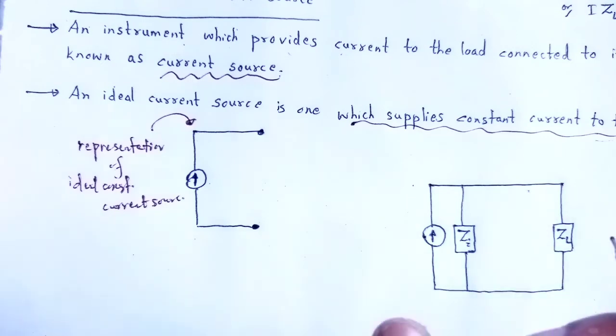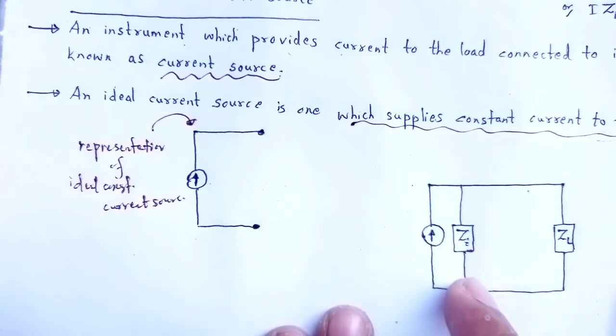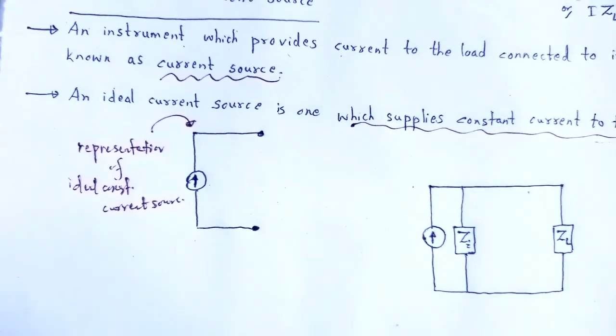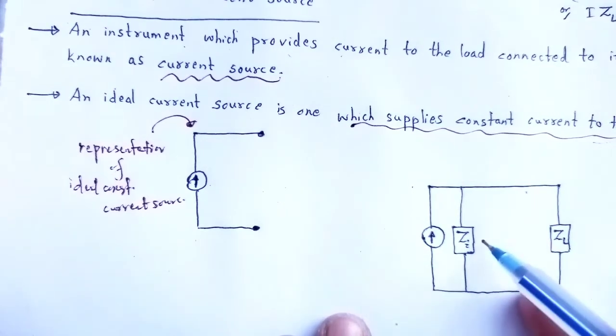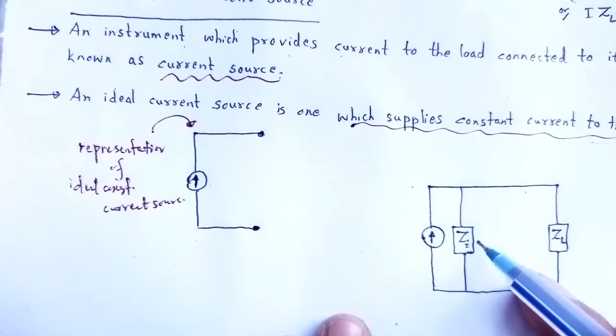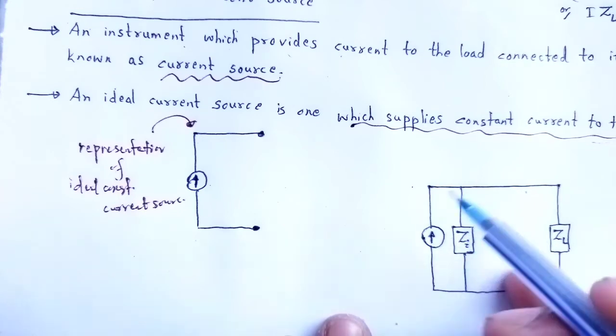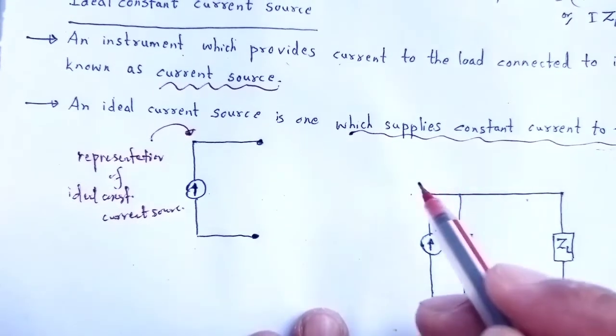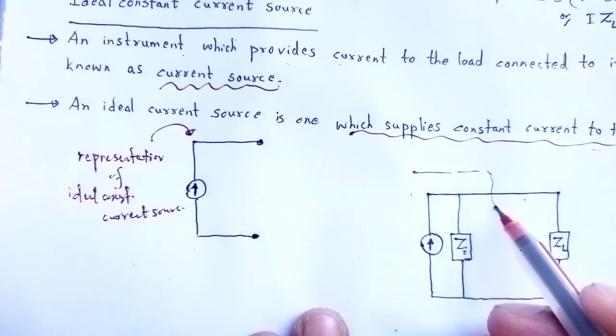However, an ideal current source is not possible in reality, but a current source often used in laboratories is an ideal current source in parallel with an internal impedance Zi, known as the internal resistance R.